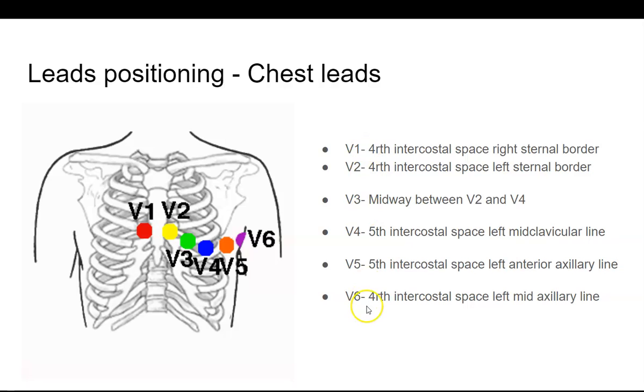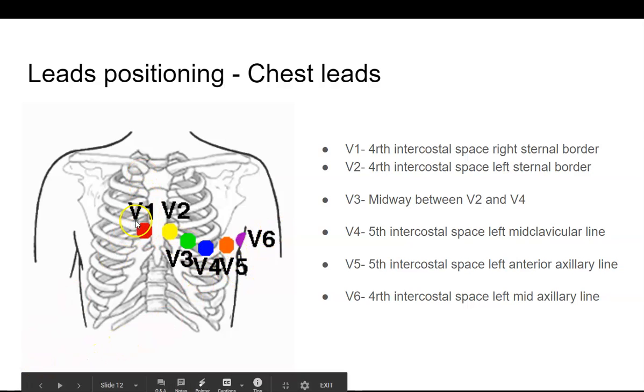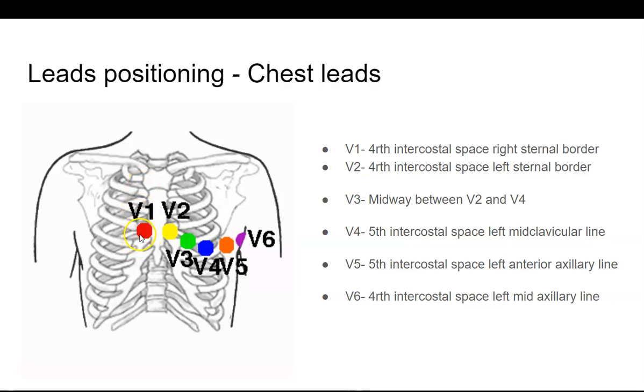The next one is chest leads positioning. There are V1 to V6, 6 chest leads. Everything comes in the 4th and 5th intercostal space. V1 is connected in the 4th intercostal space, right sternal border. This is the sternum and the sternal border. V2 comes under the 4th intercostal space, left sternal border. V3 is between V2 and V4.